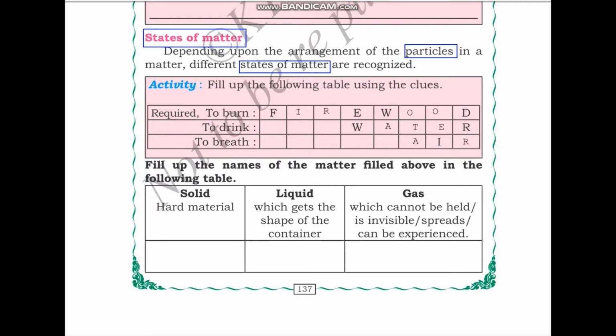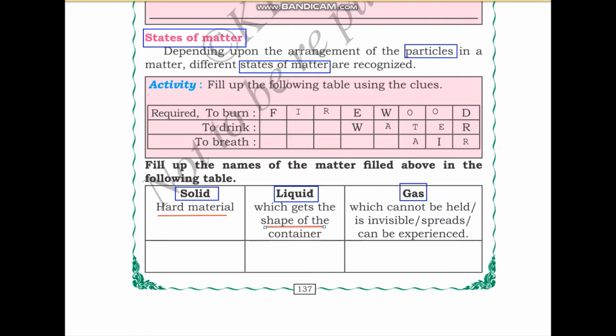Fill up the names of the matter filled in the above table into the following table. We have three headings: solid, liquid and gas. We have also been given the characteristics. Solids are hard materials, and liquid is that which takes the shape of the container.